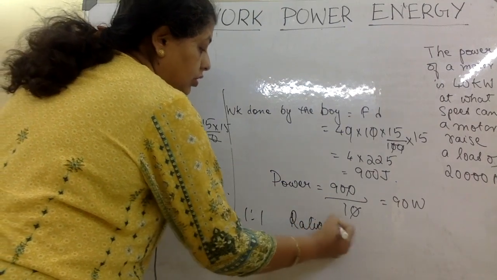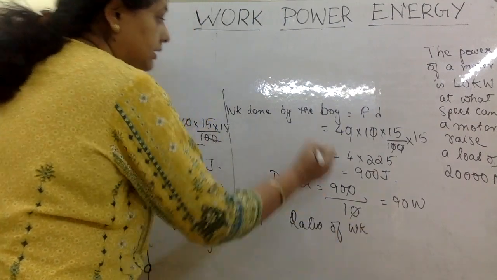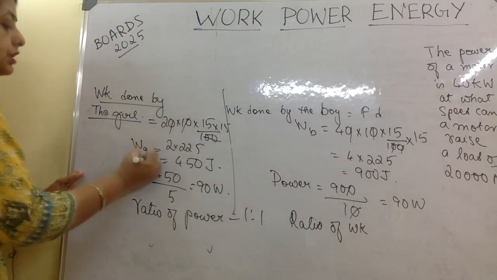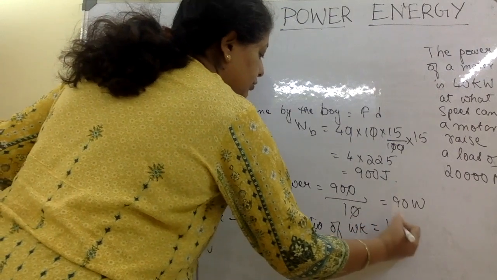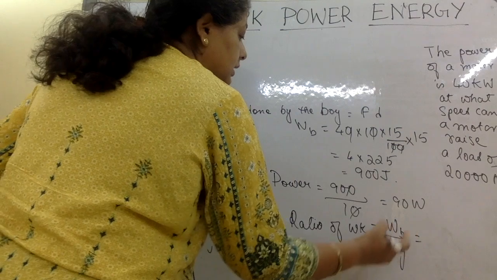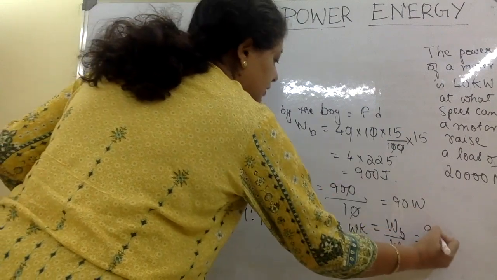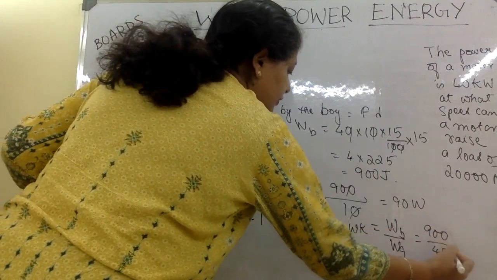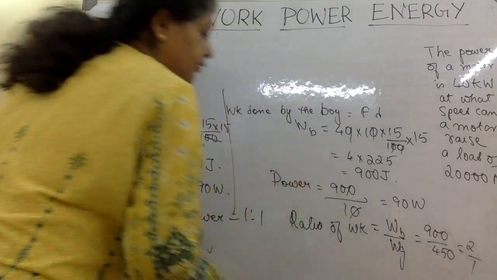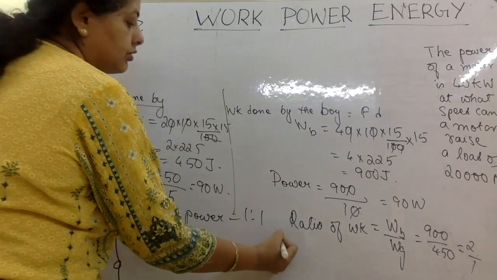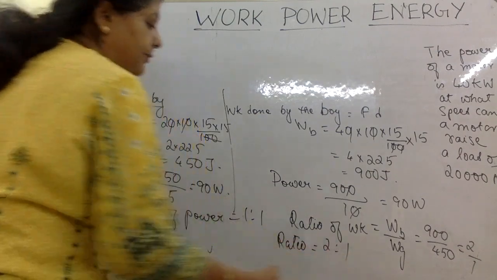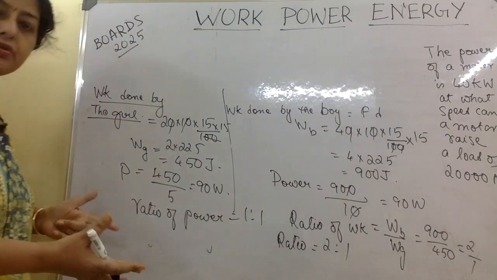If I take this as WB, work by the boy, and this as WG, work by the girl, then WB by WG comes to 900 by 450, which is 2 by 1. Therefore the ratio is 2:1. So that was this sum.